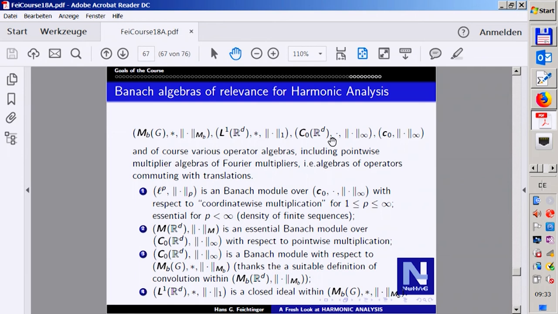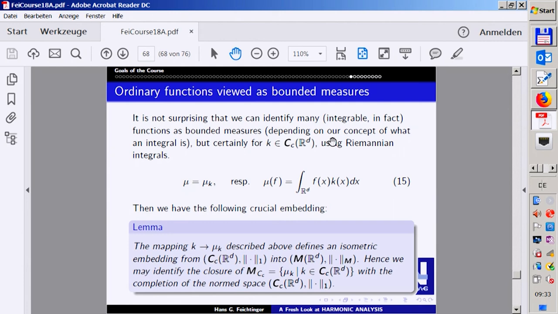Can I take the unit vector? Yes, the unit vector repeated as many times as you want is formally an approximate unit. So it clearly acts: delta 0 convolved with f, even in LP, gives you f. So every module over Banach algebras with a unit element is fine, so that's not interesting.